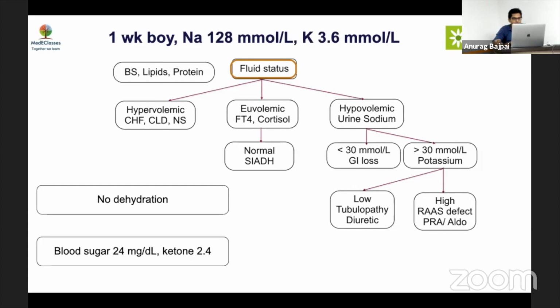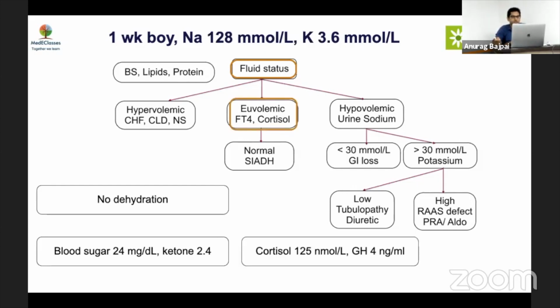Over here, as we can see, the blood sugar was low and it was a ketotic hypoglycemia, and cortisol over here was inappropriately normal for the low blood sugar, with a low GH, suggestive of multiple pituitary hormone deficiency. So again, it shows that you always have to keep your eyes and ears open for MPHD in a young child with hyponatremia at that age.